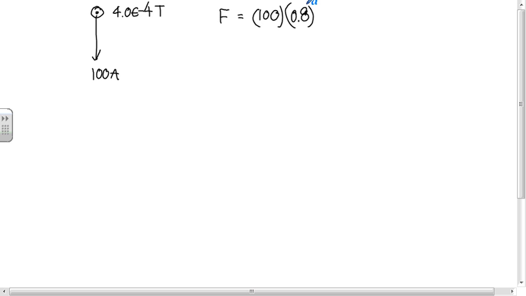Times the magnetic field strength, 4 times 10 to the minus 4, times the sine of the angle between them. What's the angle between them? 90. The majority of problems are going to have angles of 90 because it's more interesting. You get, you know, bigger forces and stuff.